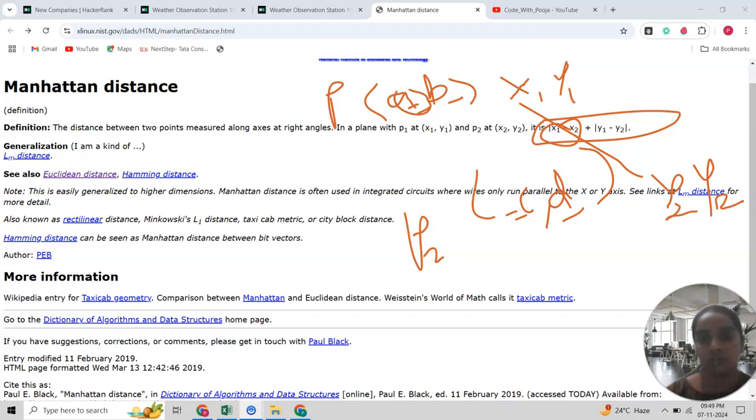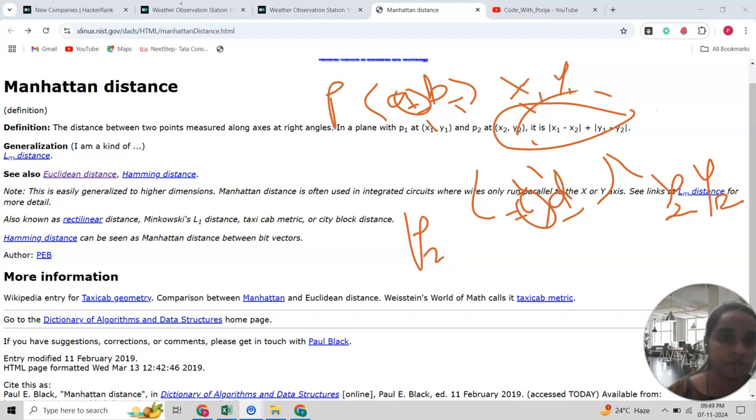So max latitude minus min latitude, and max longitude minus min longitude, kind of a thing. Now this is the formula. Please focus on the formula instead of all the rubbish the tuition teachers tell. We have to just focus on the output, on what you have to get. So this is what the Manhattan distance is.